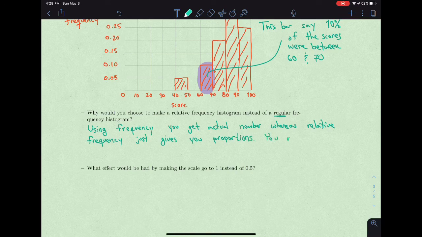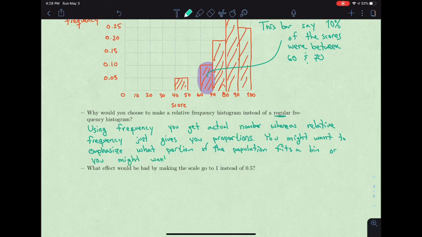You might want to emphasize what portion of the population fits a category, fits a bin. Or you might want to emphasize number, how many.